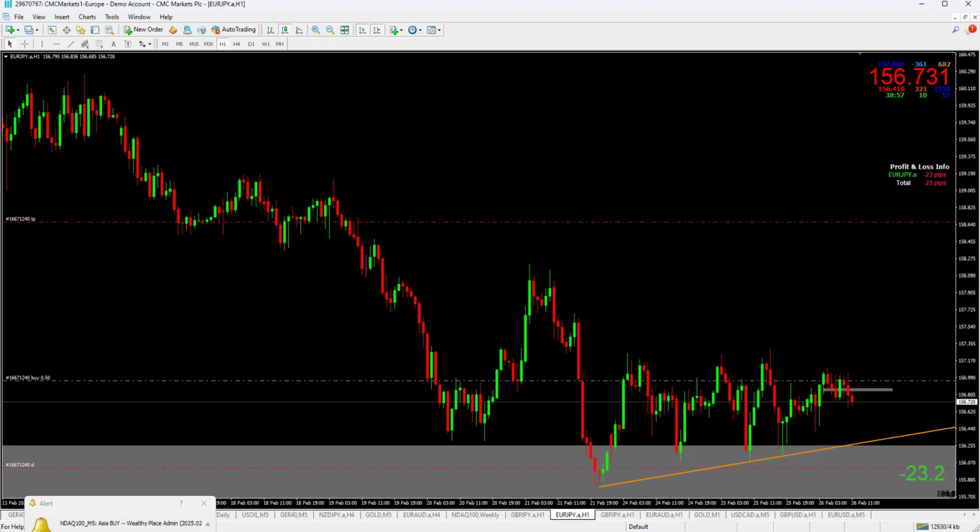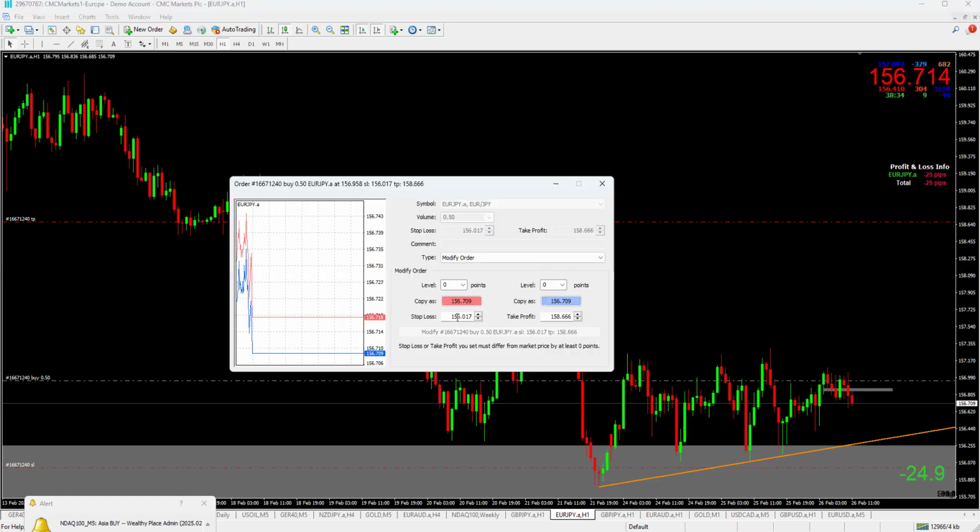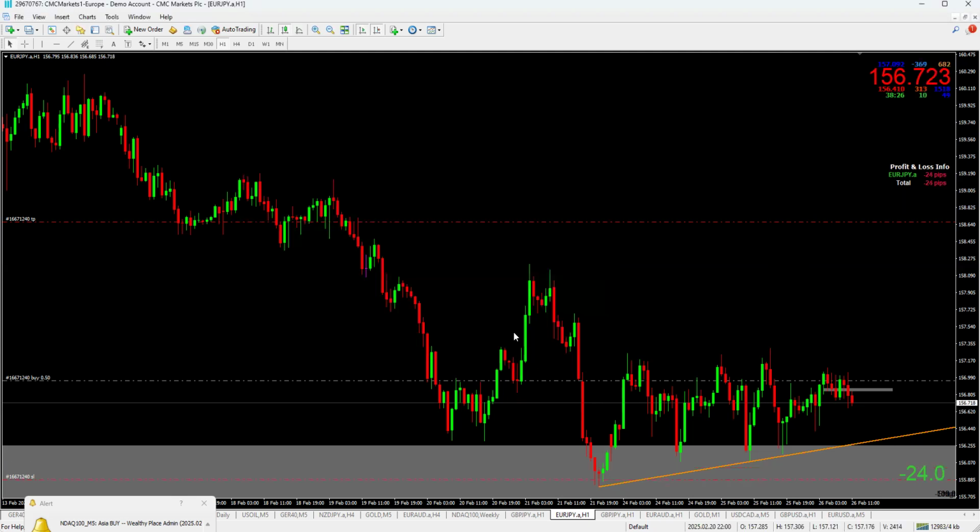And let me see where I have my stop loss. Just 1 minute, guys. Let's go with the stop loss I posted in the Telegram room. The stop loss there was 155,890.